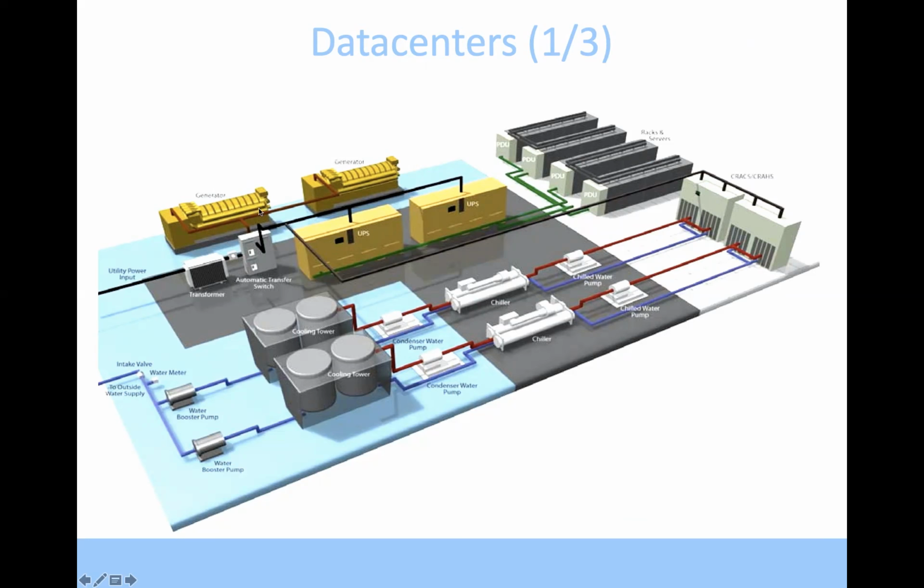All this black stuff is the cooling pipes going out. And then you have all the racks out here that are cooled by this water and so on.